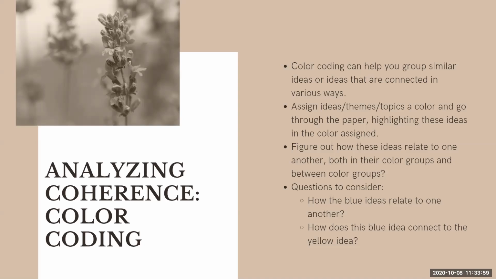And then from there, you want to try to figure out how these ideas relate to one another, both in their color groups and between their color groups. So some questions to consider would be, how do the blue ideas relate to one another? How does this blue idea connect to the yellow idea?